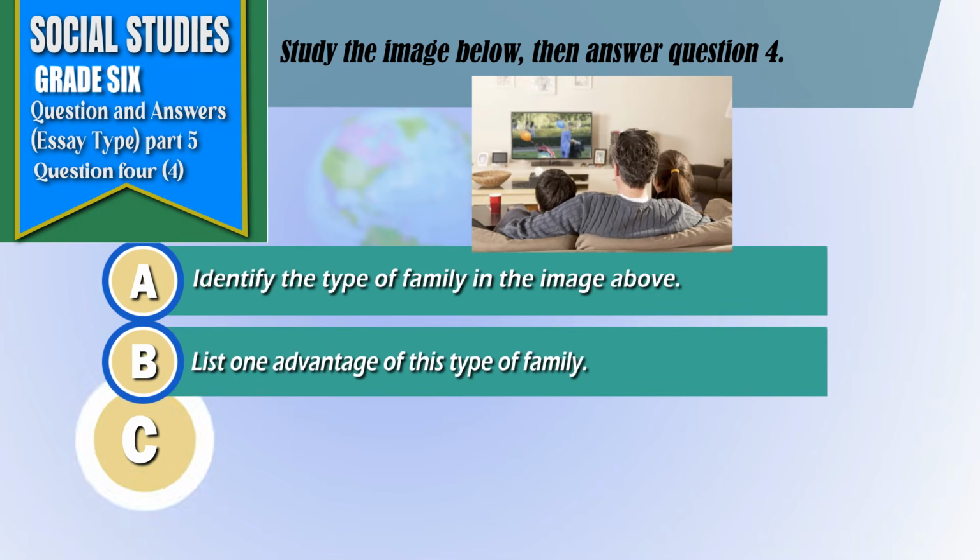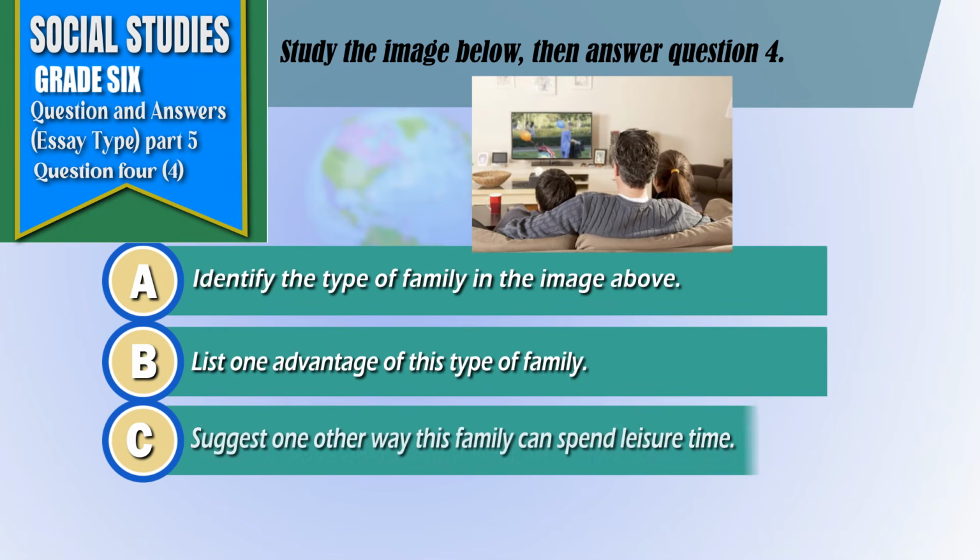The C part. Suggest one other way how this family can spend leisure time. Of course, they are looking at the television. They are sharing some time together, which is referred to as leisure activity or leisure time.